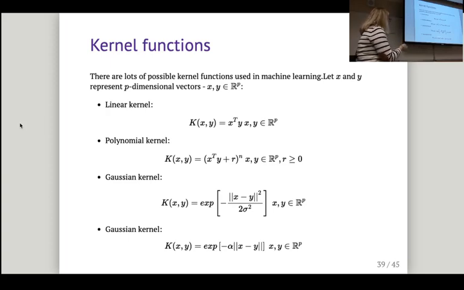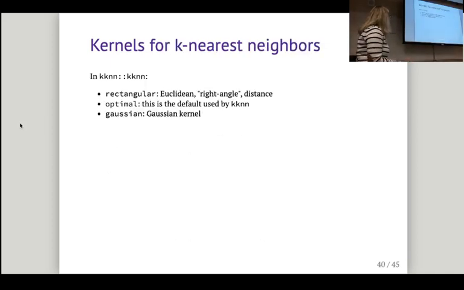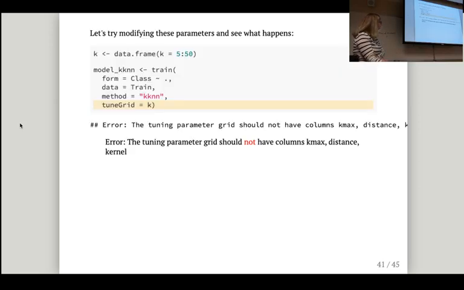Got normal or Gaussian kernels. This is not the Gaussian kernel. This is the Laplacian kernel. Suffice it to say, there's lots of different shapes of functions that we can use to calculate this distance. The ones that show up in Minkowski distance that are most often used are rectangular, that's right angle distance, something called optimal distance, and then Gaussian, which represents the Gaussian kernel distance measure.